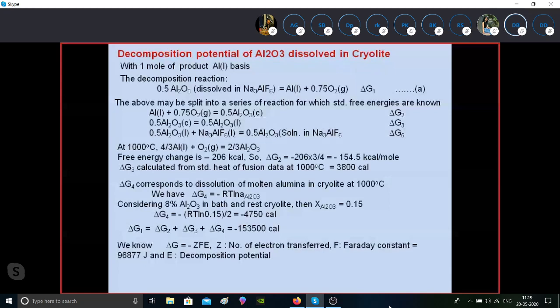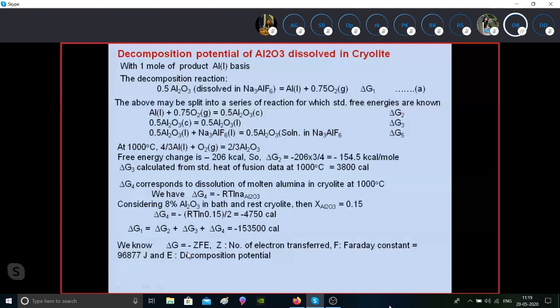Here is a negative sign, here is a negative sign, so my expression becomes positive. I can calculate E as equal to 2.2 volt. Look at this: there is a multiplication factor 4.2.